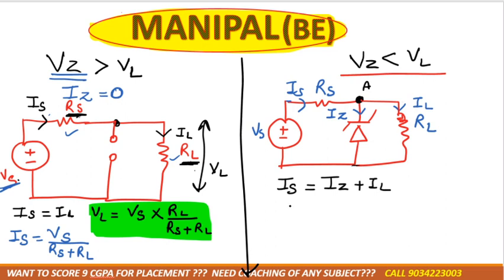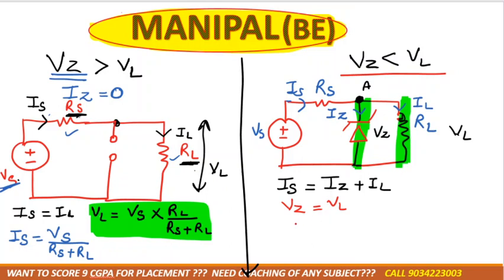IS we don't know, but we can calculate it. As you can see, this one and this one are both connected in parallel, or not? So the voltage across the zener would be Vz and the voltage across the load would be VL. Can we say that Vz would be equal to VL in this case?